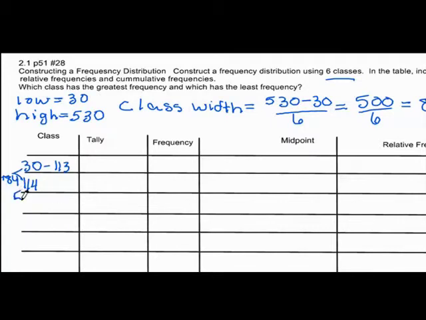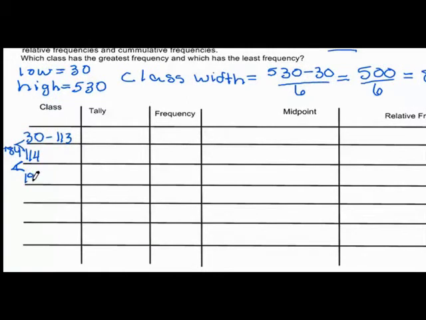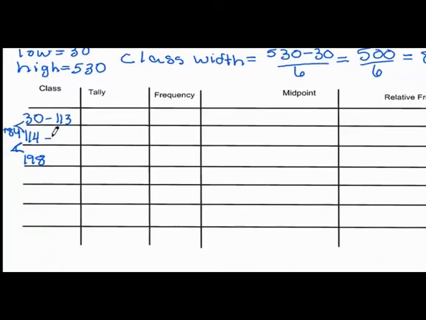Then we add another 84 to give us the next class, which gives us 198. That means this class ended at 197. We're going to do that until we get 6 classes. Add another 84 and get 282, so that class went to 281. Add 84, get 366.